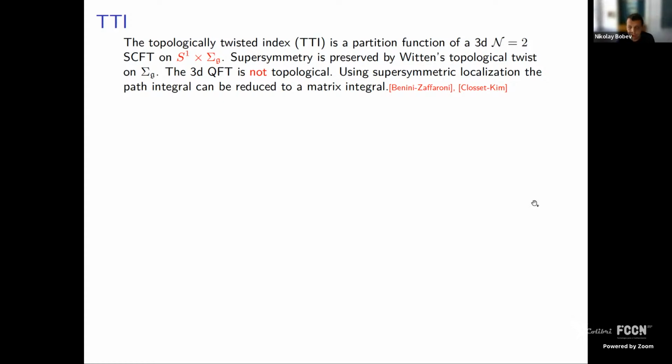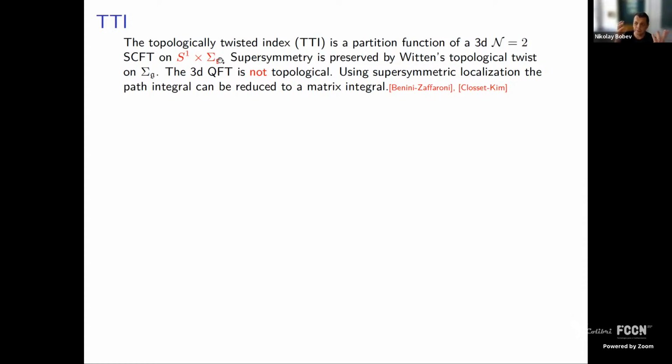So you put a 3D N=2 CFT on this manifold, S^1 times a Riemann surface. The Riemann surface, I'm assuming it's smooth, compact, genus g. So these are not the spindles that we've heard from Dario about. This is an ordinary manifold. And to preserve supersymmetry, only on this Riemann surface, you do Witten's twist.